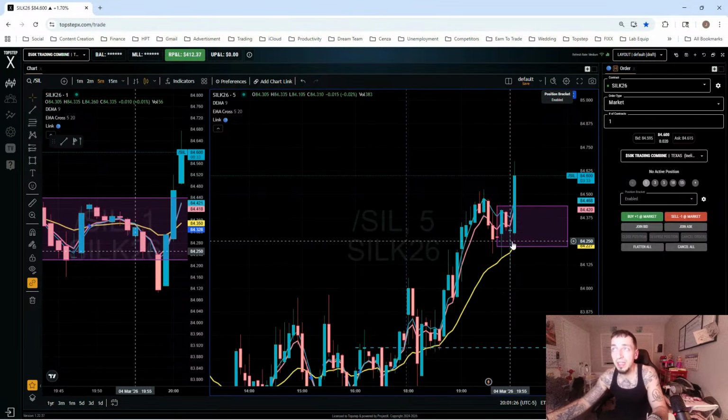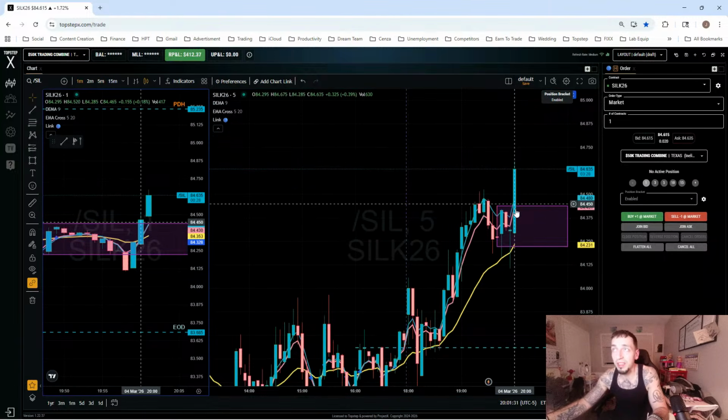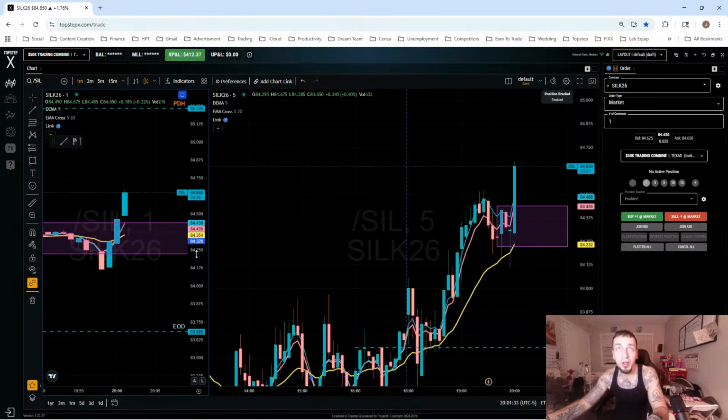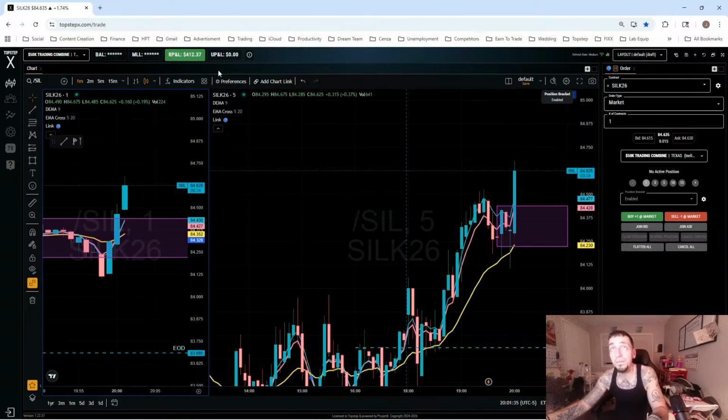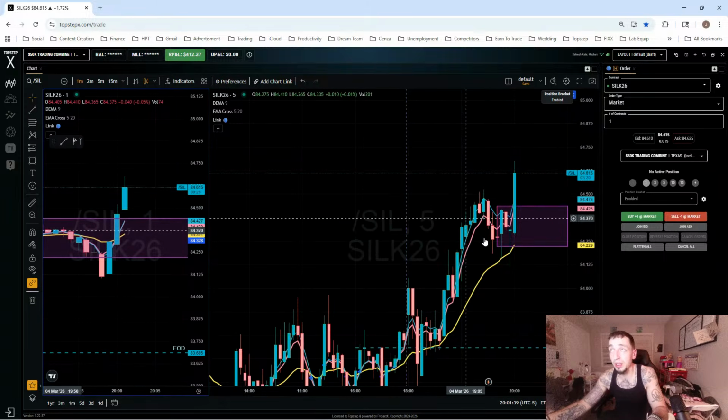Got a clean bounce right here. Watching for a retest of the zone. Might get it, might not. Like us above that level we were struggling with, though.